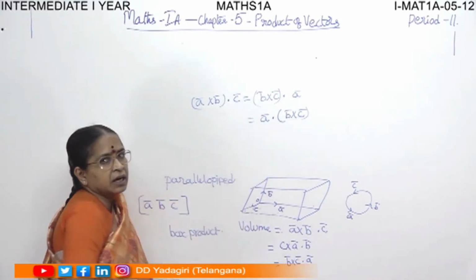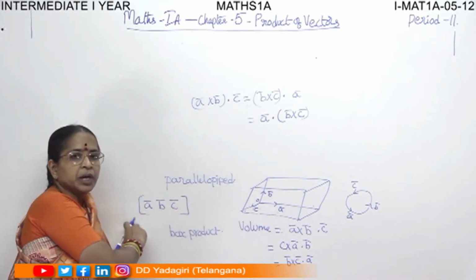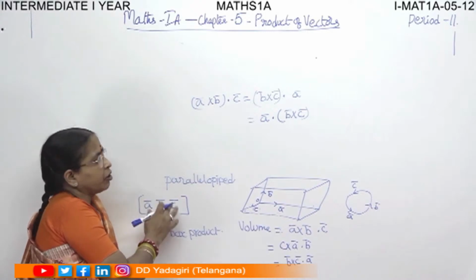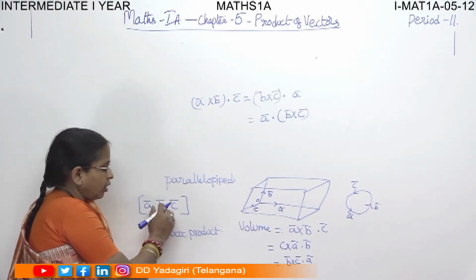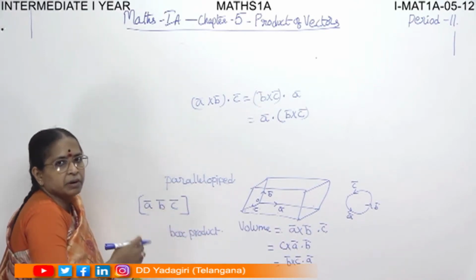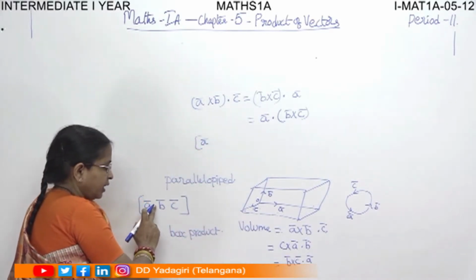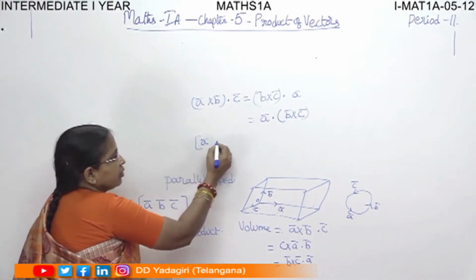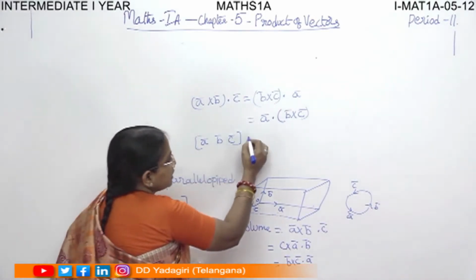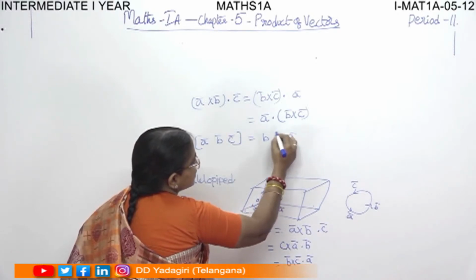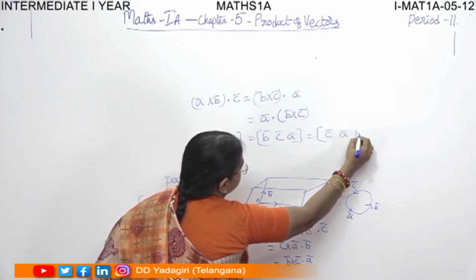So in a scalar triple product, you can interchange dot and cross. You can put dot between any two vectors, and for the other two vectors you will put cross. So we need not write any symbols here. The box product is the scalar triple product: box ABC is the same as box BCA, which is the same as box CAB.